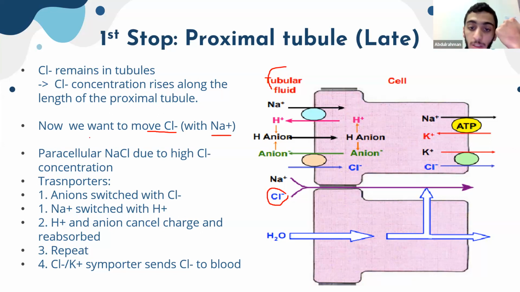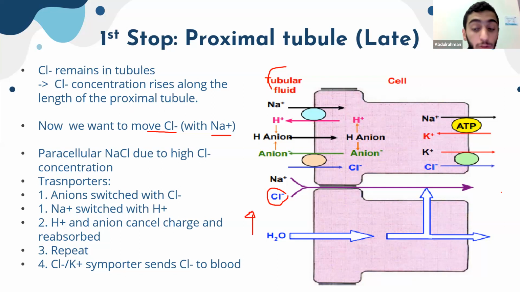The water and the sodium were leaving the urinary system. So what's remaining now is a slight amount of water with a lot of chloride, because the chloride didn't move. If there is little water and a lot of chloride, the concentration of chloride is increased, tamam?